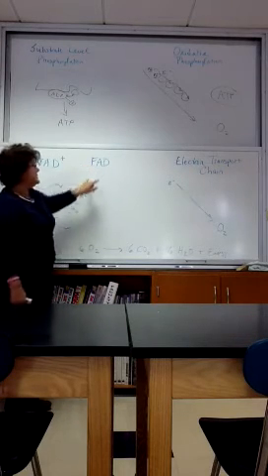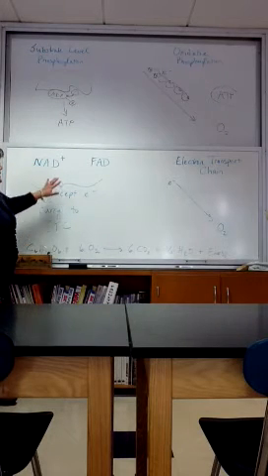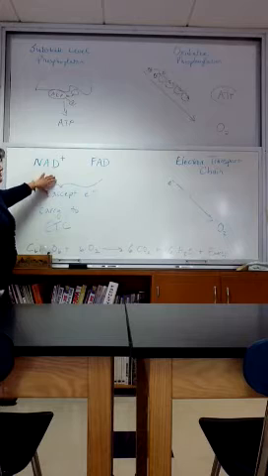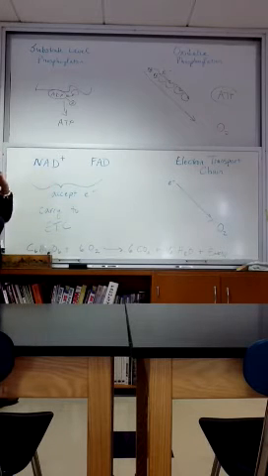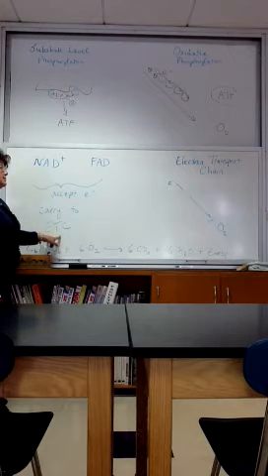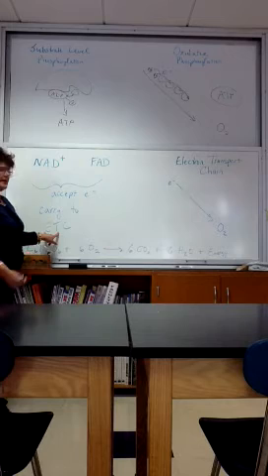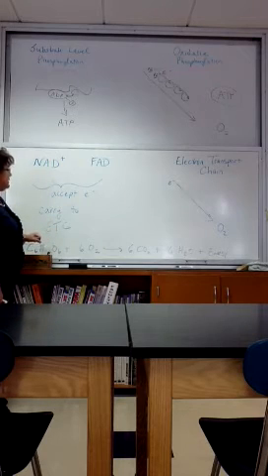NAD plus and FAD, these two molecules accept electrons, and they carry these electrons. Where are they taking them in this whole process? They're taking them to the electron transport chain, which is part of oxidative phosphorylation, okay?